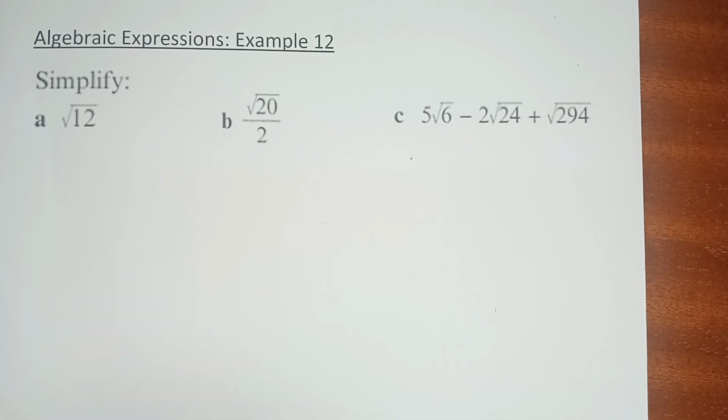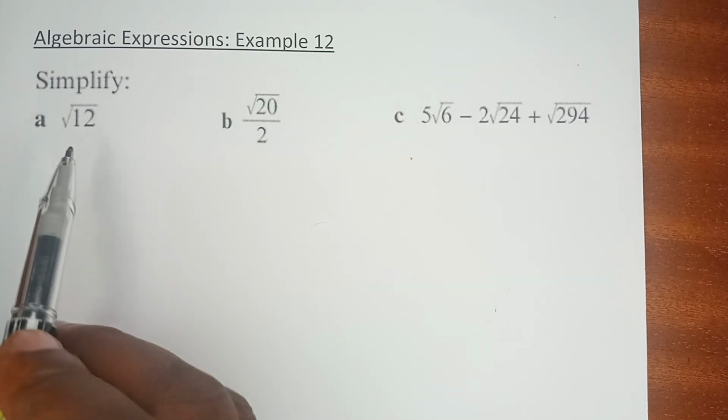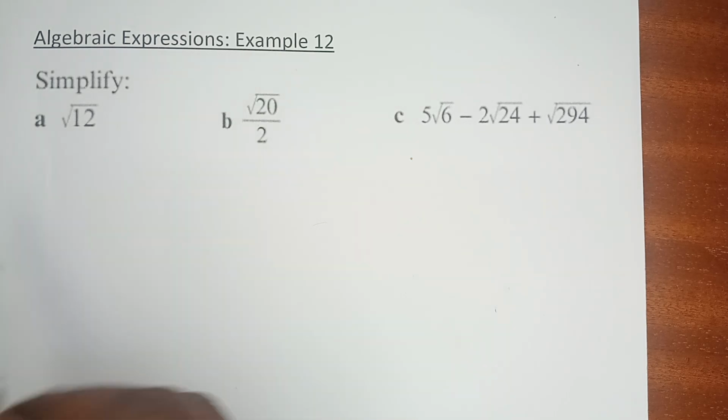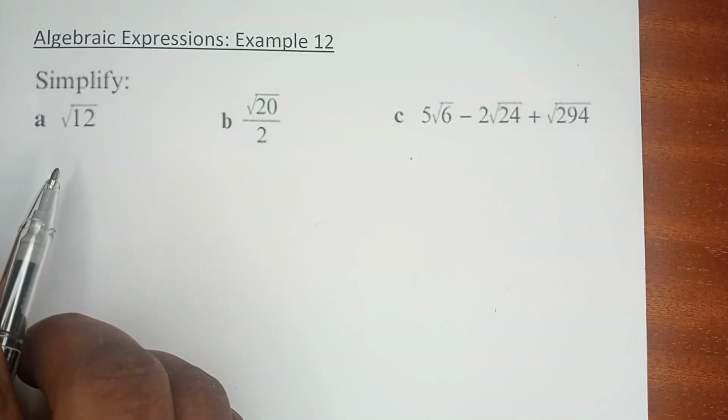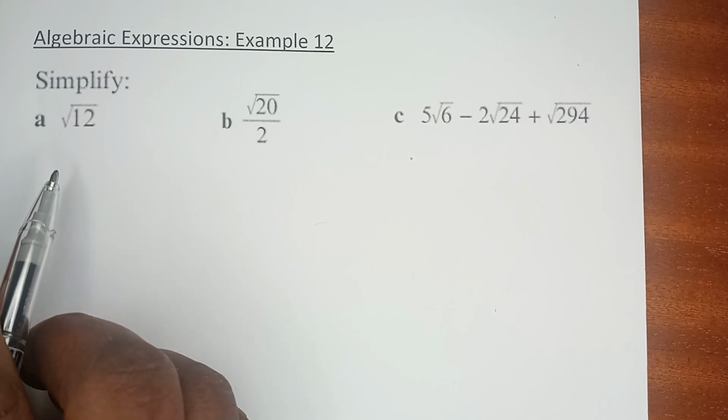The way we have been taught is that we should look at 12 as a result of two numbers which have been multiplied together to give us 12. One of the numbers has to be a perfect square, meaning that it has a perfect square root, no fractions, no decimals. And when I look at 12, I see 4 times 3.